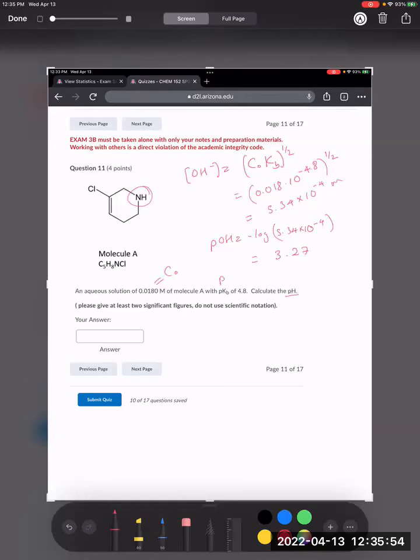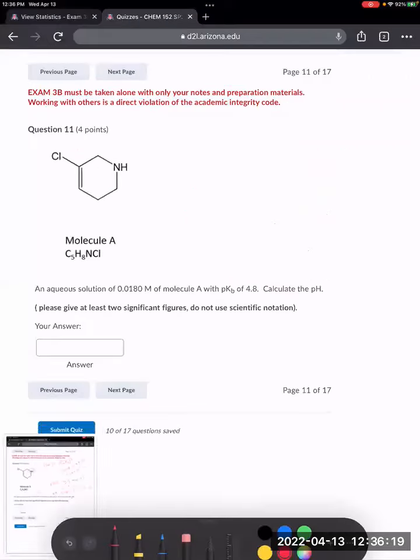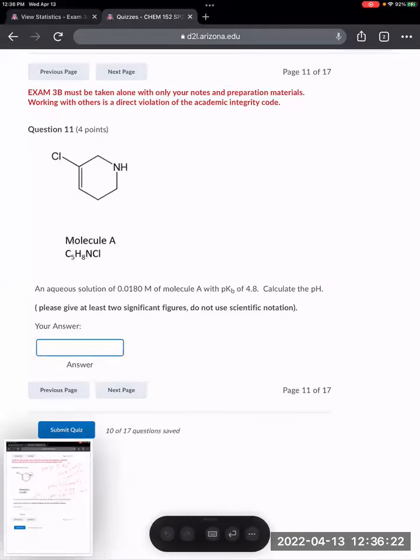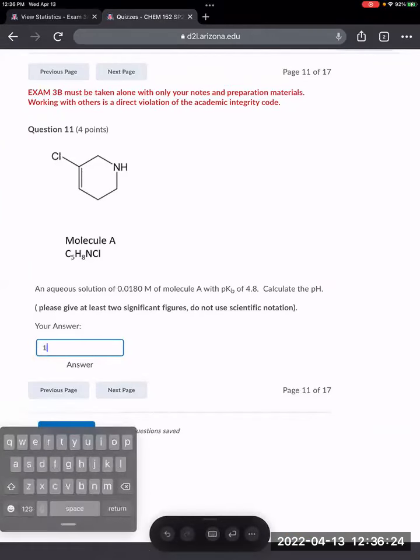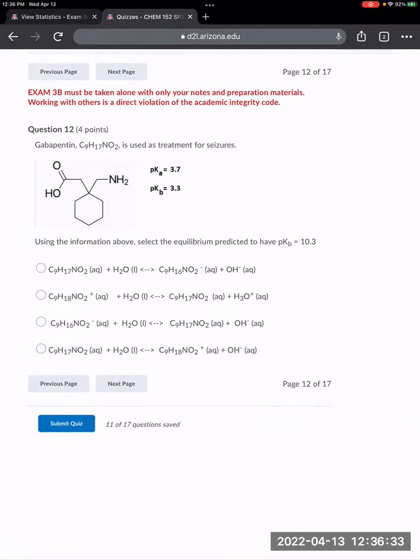Then the pH must be 14 minus pOH, which is 14 minus 3.3, and that turns out to be 10.7. All right, let's enter that answer: 10.7.